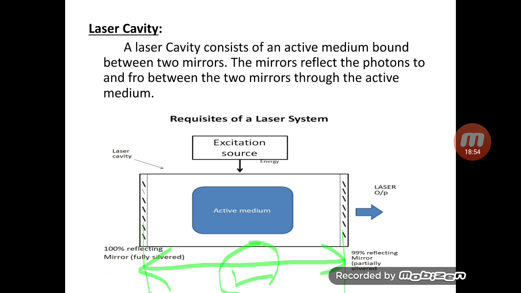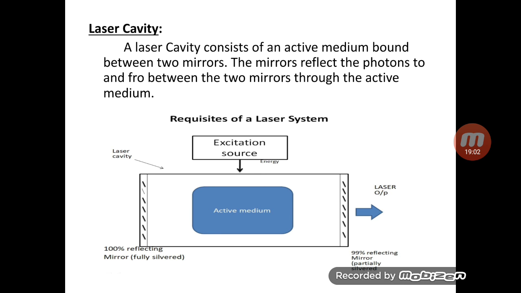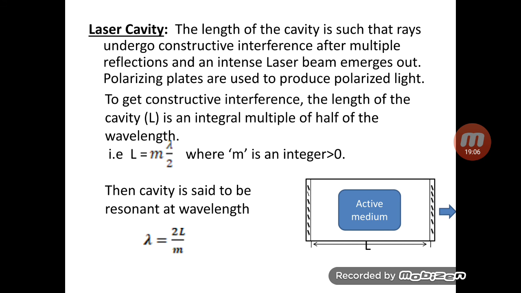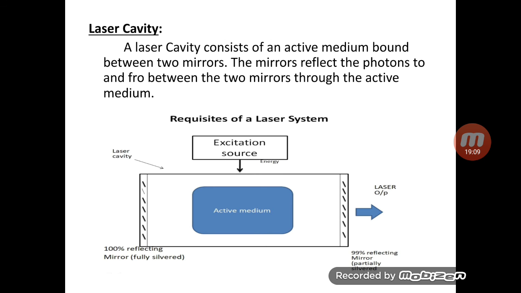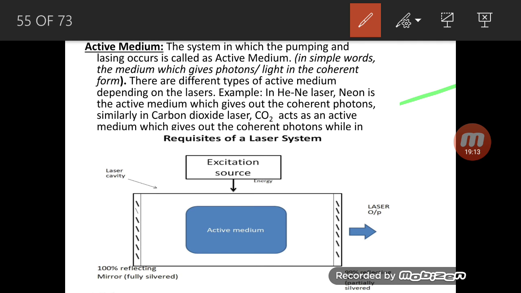This is the laser cavity. This is one photon which is moving in this direction. There is the other photon which is moving in the reverse direction. These two photons should be in phase. They should have the same phase.